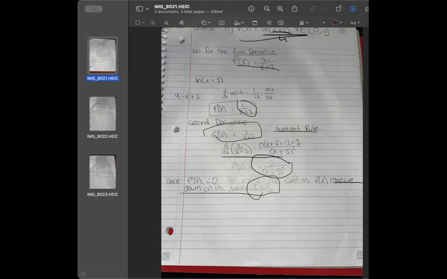And the natural log is defined when x plus 1 is greater than 0, so f of x equals ln(x plus 1), which is continuous for all x greater than -1.